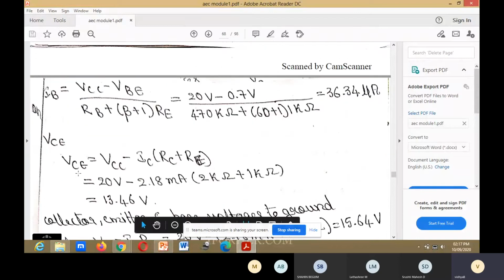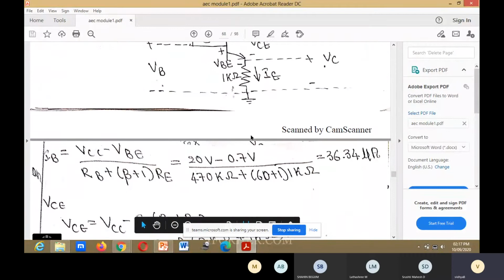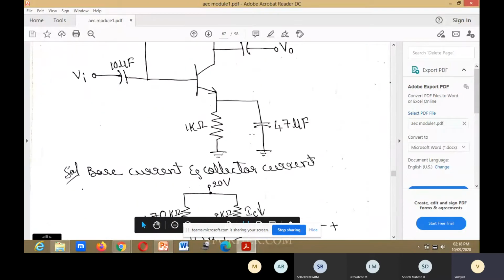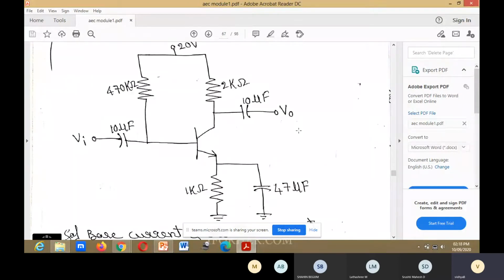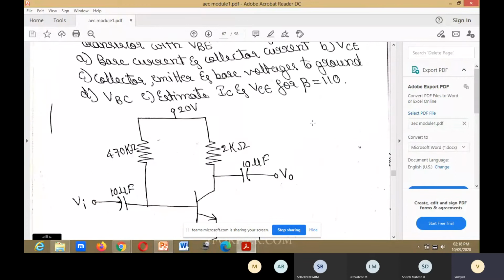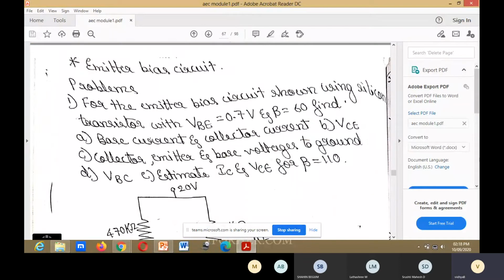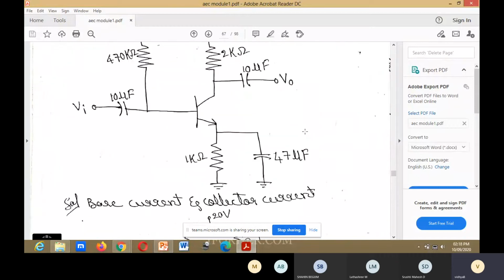Next, we need to find out VCE. VCE is equal to VCC minus IC into (RC plus RE). What is the value of VCC? 20 volts. You need to remember the equations, or at least you should know how to write equations from the figure. We have found out base current IB. Next, collector current we need to find out.